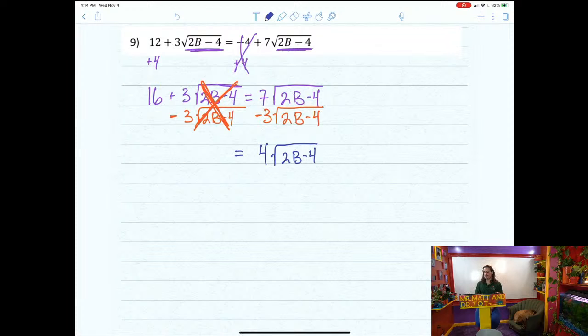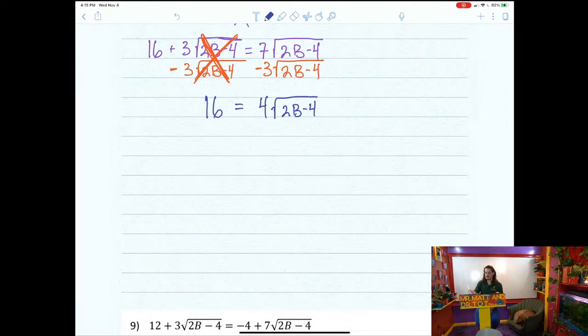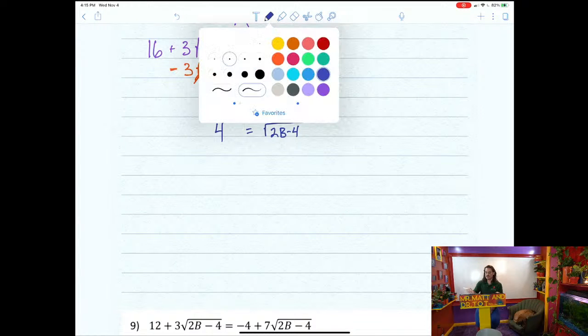Notice if I divide by 4 on both sides, then I'm going to get the square root of 2b minus 4 is equal to 16 divided by 4, which is 4. But now I'm solving for b. So I'm going to square both sides because I need to get rid of that radical sign now.